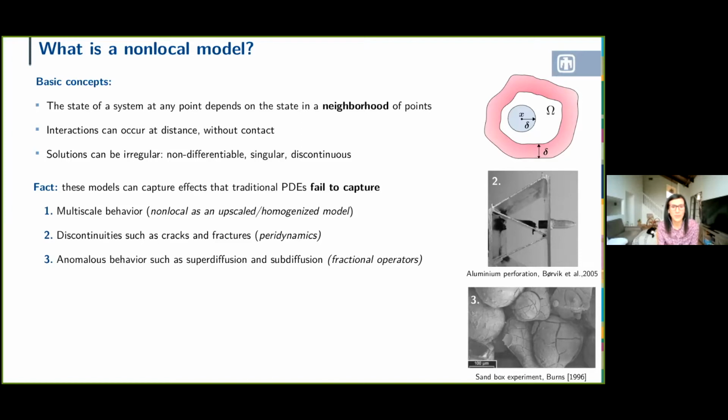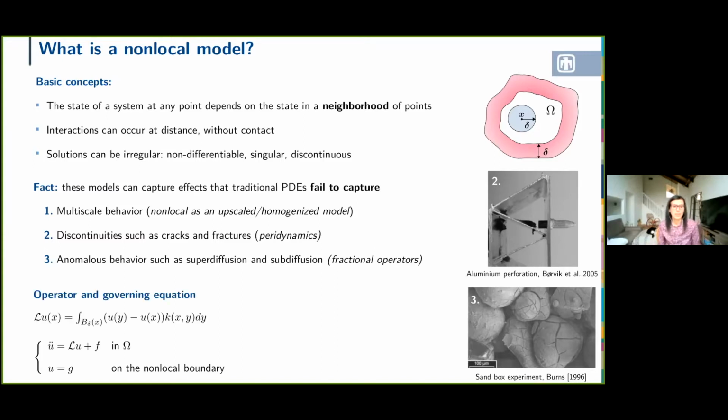So it's been around for a while now. But they can also describe anomalous behavior such as superdiffusion or subdiffusion. This happens, for example, very often in the subsurface when we want to describe pollutant transport. The diffusion may happen faster or slower due to heterogeneities, for example.